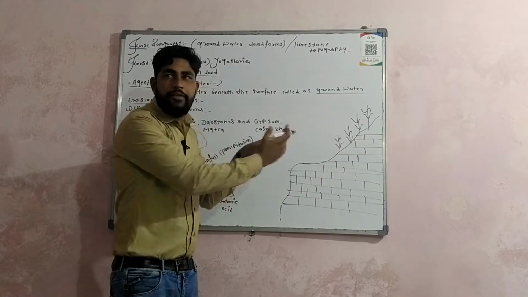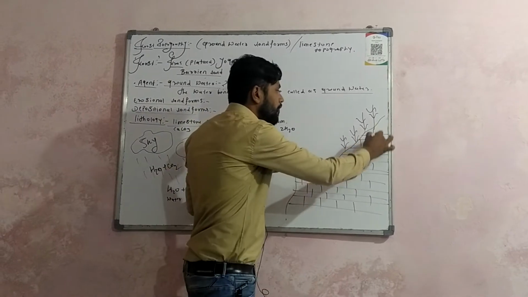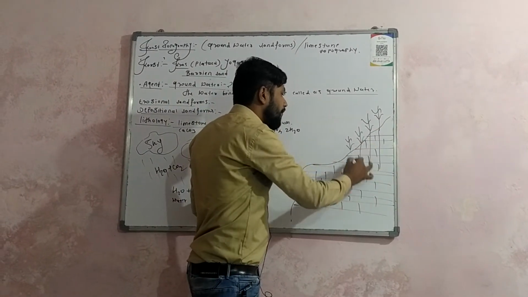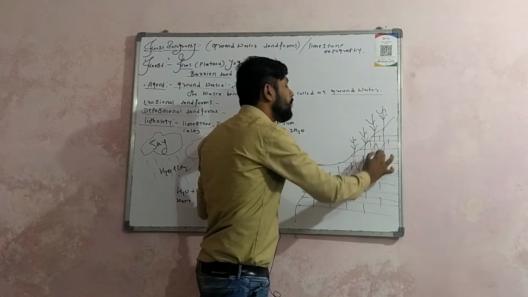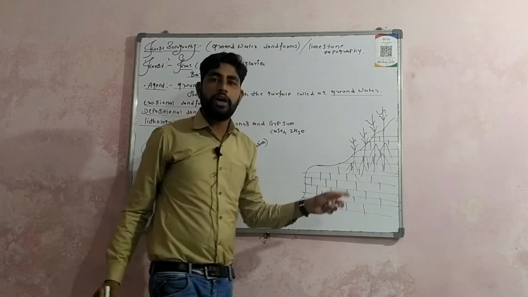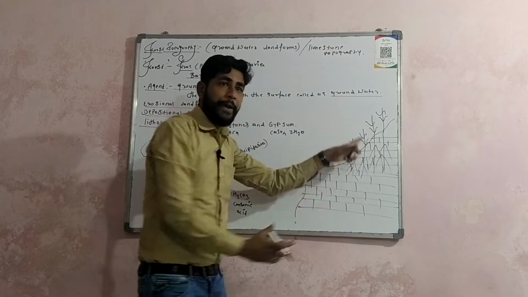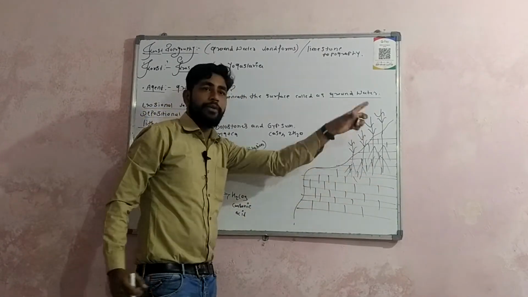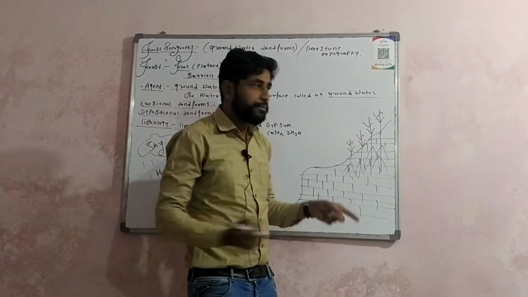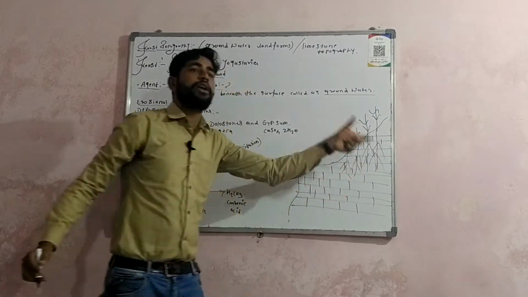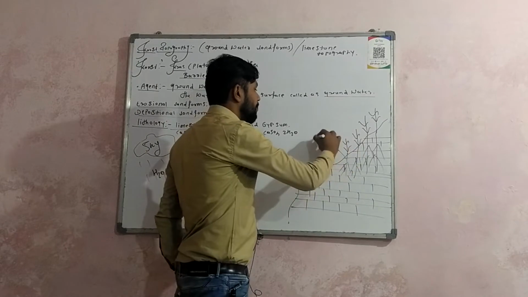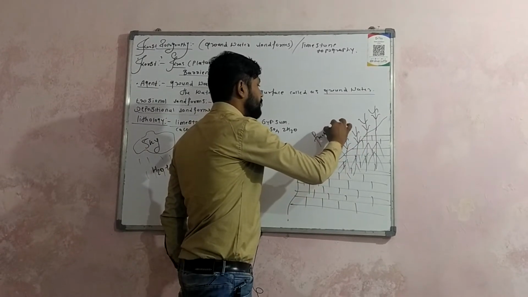Obviously you know that plants have roots, and those roots affect the rock, and there is a formation of fractures because of weakness, meaning roots affect the rock and form different fractures.